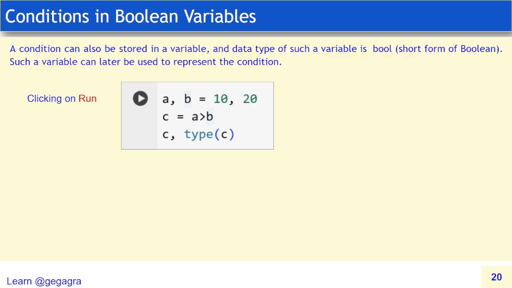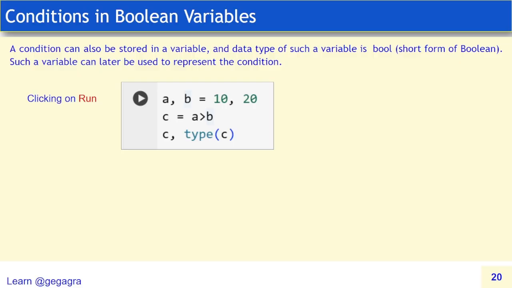And mind it, I have not used if here, but the result of this conditional statement will be stored in c in the form of false or true. Since a is 10 and b is 20, 10 is not greater than 20, and that is why this Boolean statement is false, so c will store false.